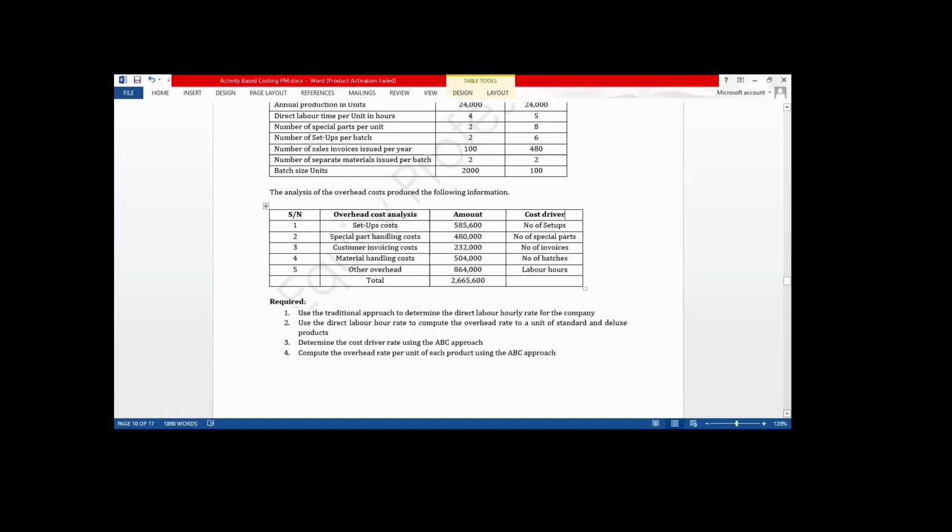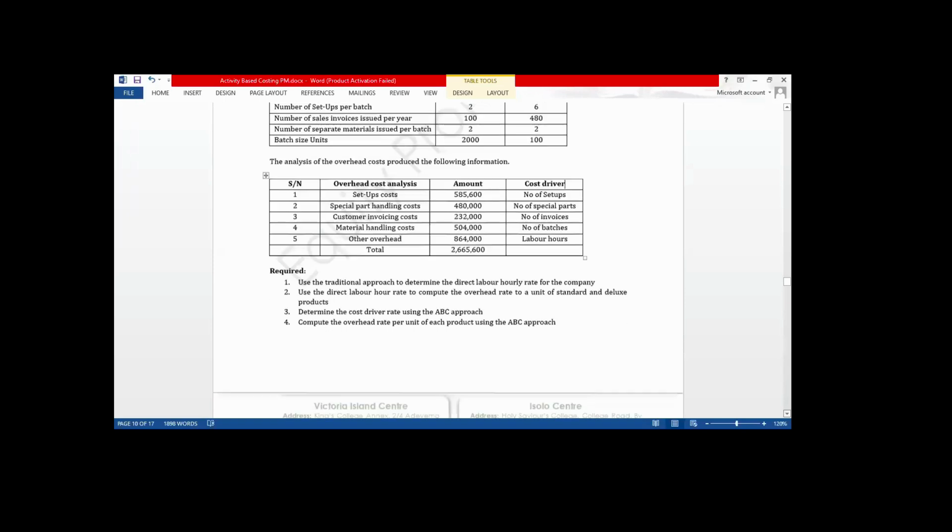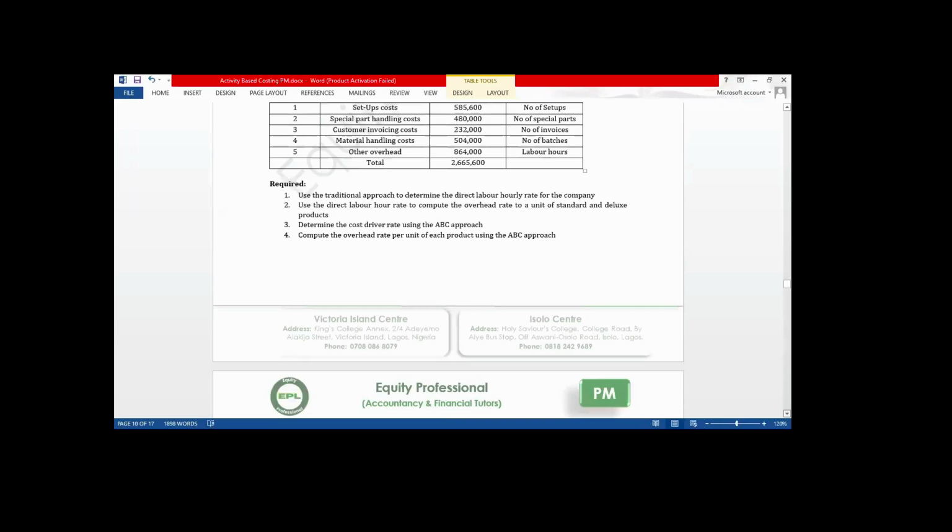Requirement 2: Use the direct labor hour rate to compute the overhead rate per unit of standard and doulos product. Requirement 3: Determine the cost driver rate using the activity-based costing approach. Then requirement 4: Compute the overhead rate per unit of each product using the activity-based costing approach.